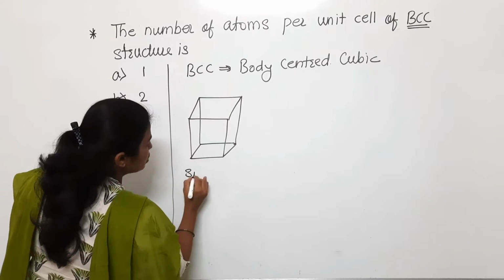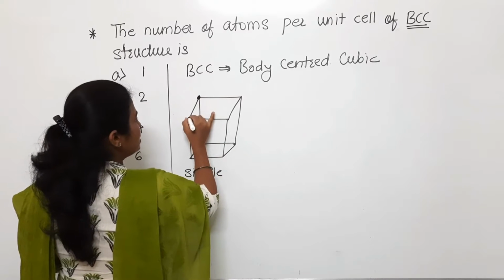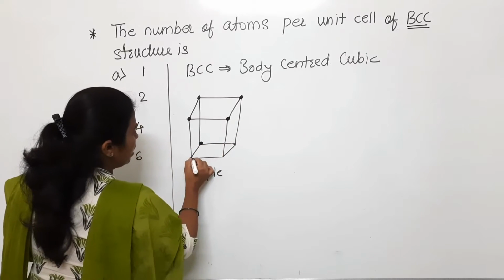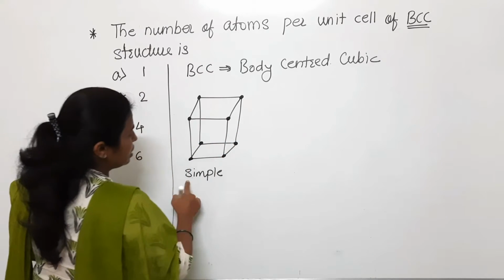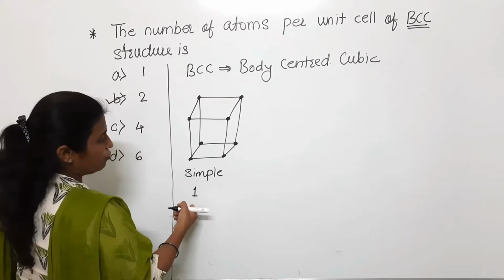If we draw firstly for the simple, particles are present at the 8 corners. And that's why the number of atoms present in the simple will be 1. Why?